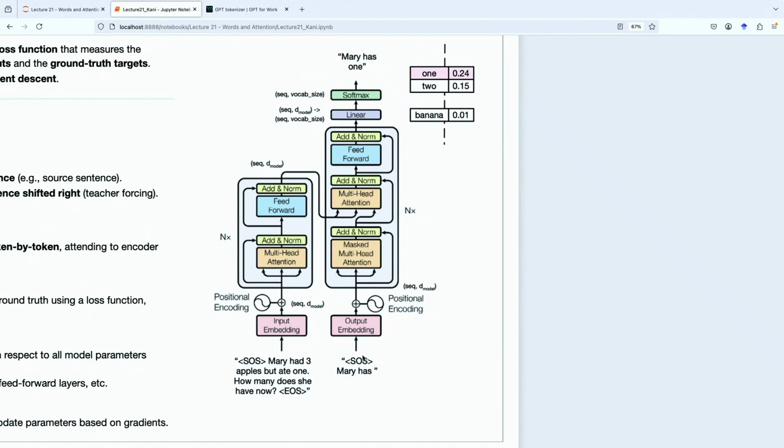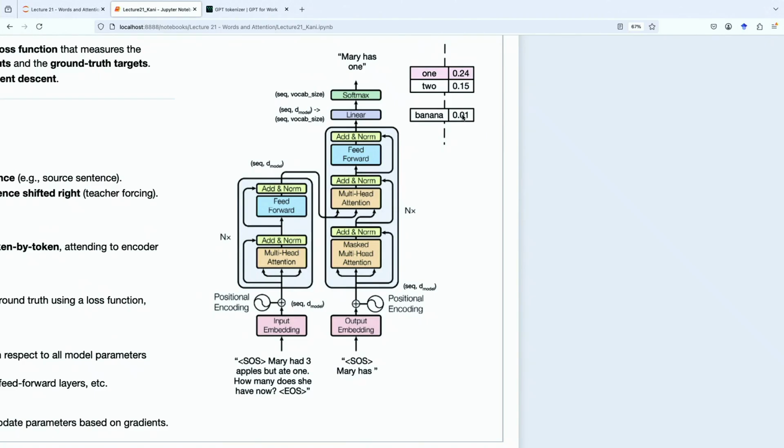So in this case, we have generated start of sentence, Mary has so far. So we go through the decoding step. At the softmax, we look at all the vocabulary words.